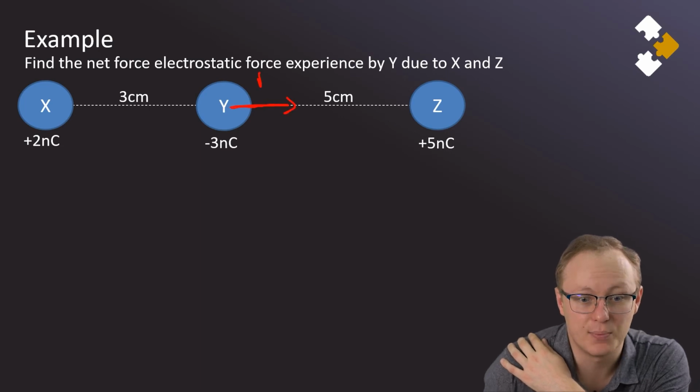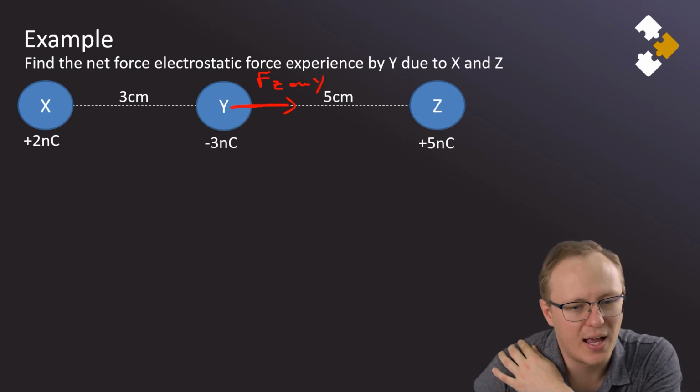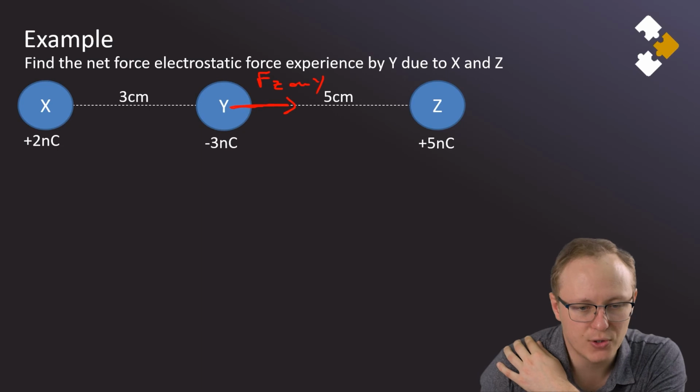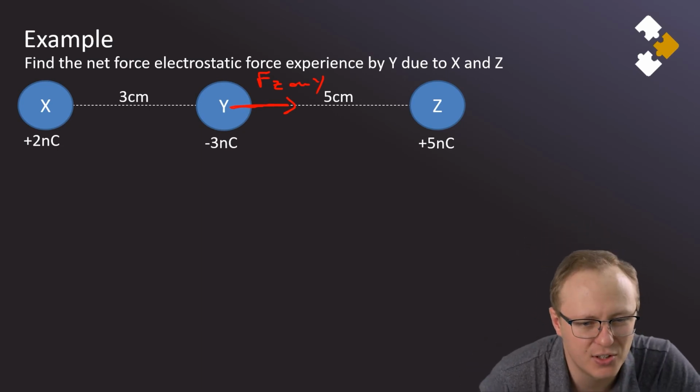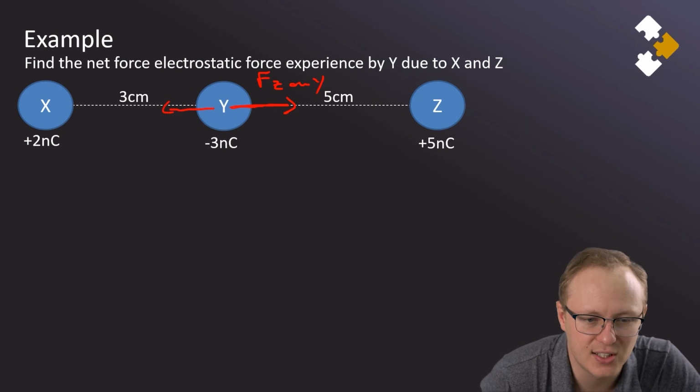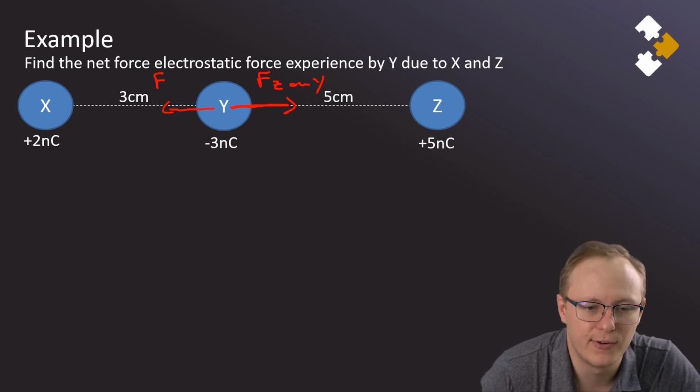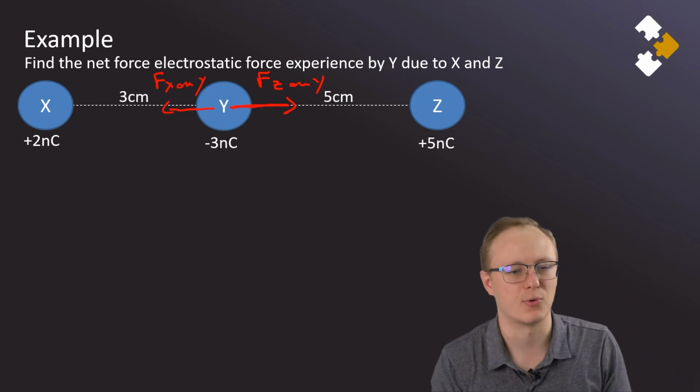So this is going to be the F of Z on Y. And then the X is also going to have a force of attraction on Y, but that's then going to be to the left-hand side. So I'm going to call that F of X on Y. Okay, saying F of X makes it seem like we're doing functions.